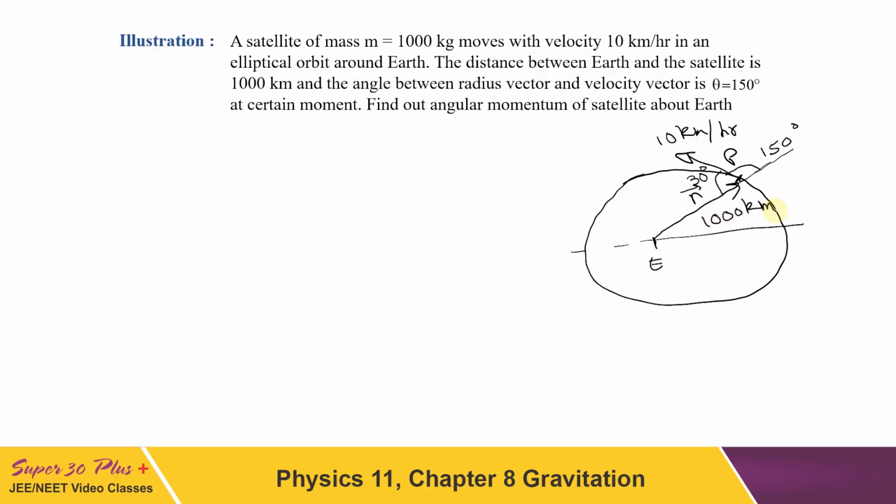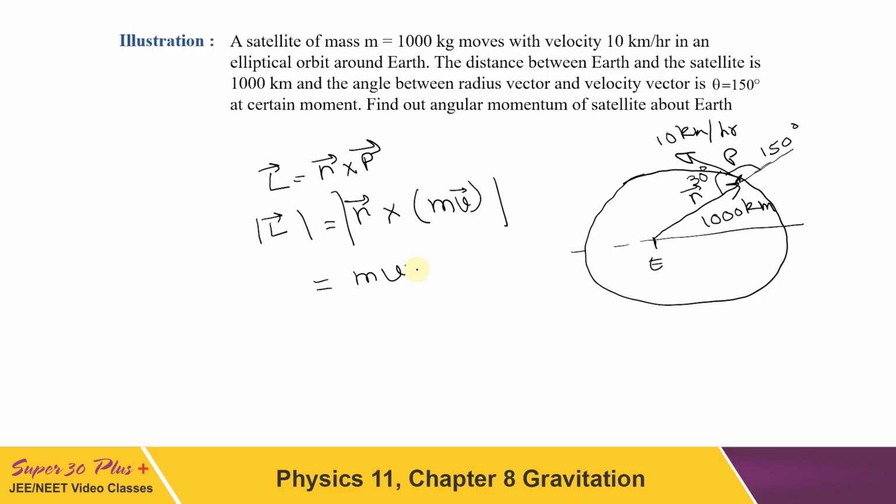Now we have to calculate the angular momentum of the satellite about Earth. As you all know, L vectorially can be written as r cross p. From here we can write the magnitude of L as r cross mv, and of course the mod of this, which will be equal to mvr sin theta. Theta is the angle between the velocity and the vector r, which is given here as 150 degrees. So let us now substitute all the numerical values.